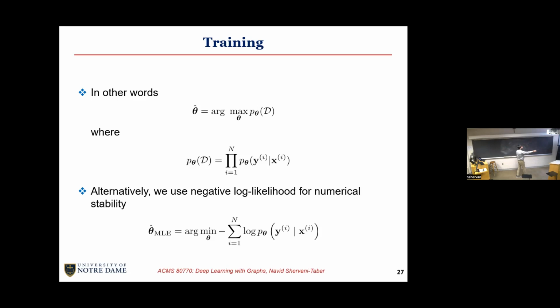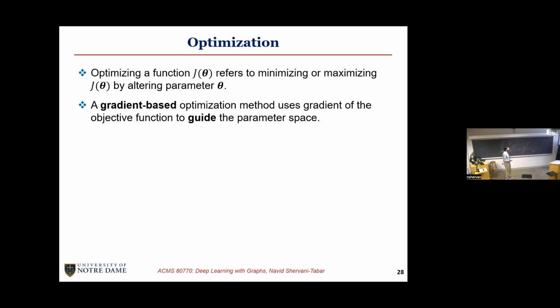So we said that our MLE point estimate for model parameters is just the arg min over the model parameters of the negative sum of log probabilities of the conditional distributions. So that's in general the approach that we're going to take.